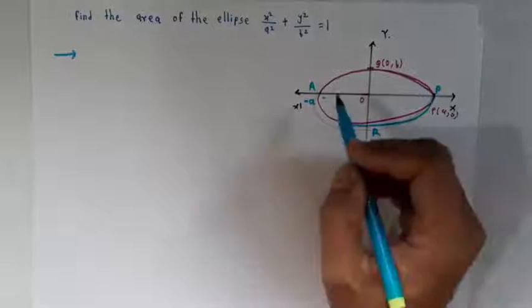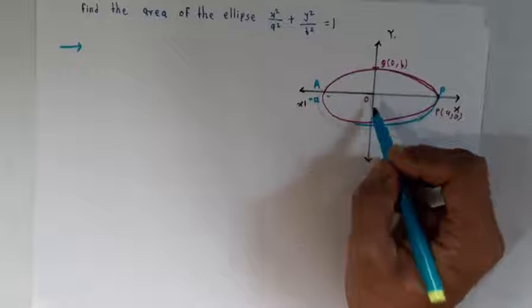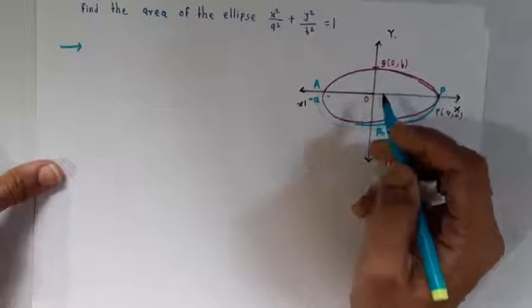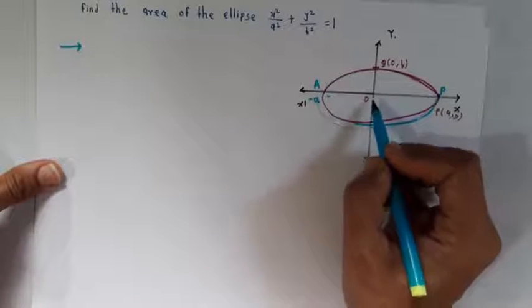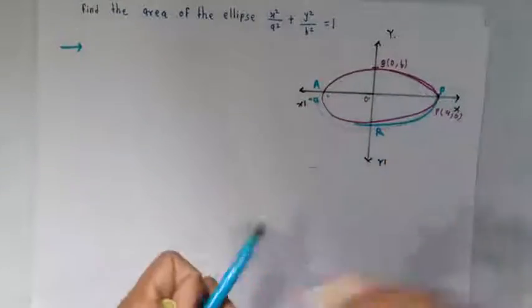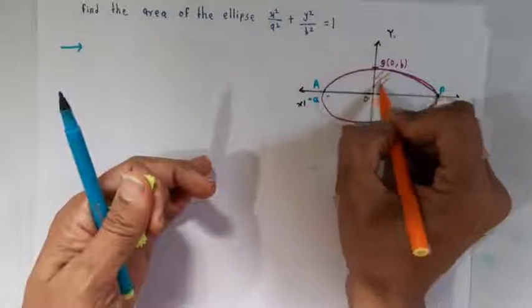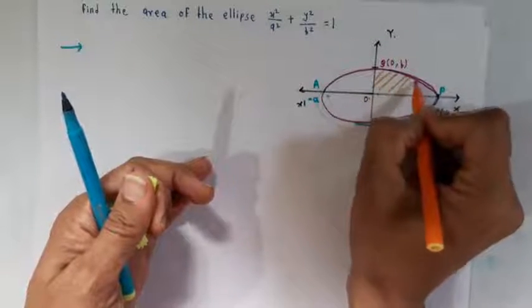by symmetry of the ellipse, the required area of the ellipse is 4 times the area of the region OPQO, this area in the first quadrant.